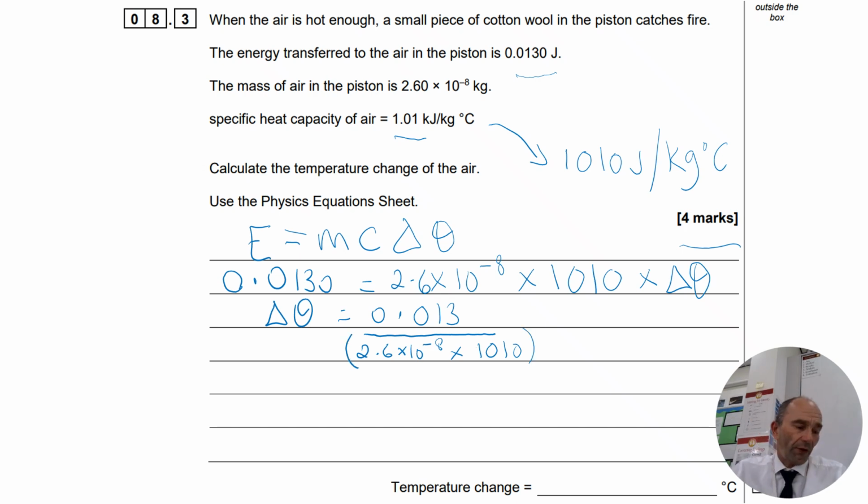So we're now up to 3 marks from that, and then all you need to do is put those numbers into your calculator, and you're going to end up with a change of temperature of 495 degrees centigrade. So you should technically write in the answer there. So it's a nice question for 4 marks. Again, it's just making sure that you're suspicious about conversions and you also remember how to use standard form. So well done if you got the 4 marks on that one.